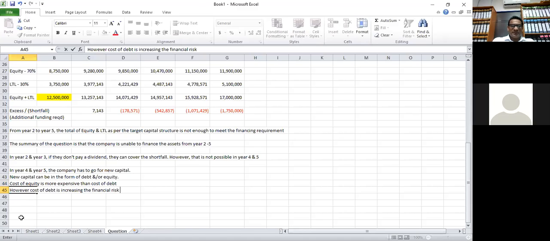You have to balance the financial risk of the company. And also, earlier we told in years 2 and 3, you can defer the dividends or not pay dividends. So if you don't pay dividend, you will disappoint who? You will disappoint the ordinary shareholders. In years 2 and 3, if a dividend is not paid, ordinary shareholders will be disappointed.